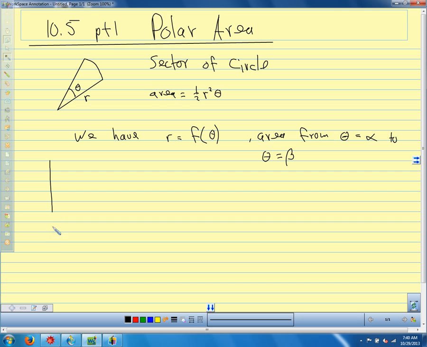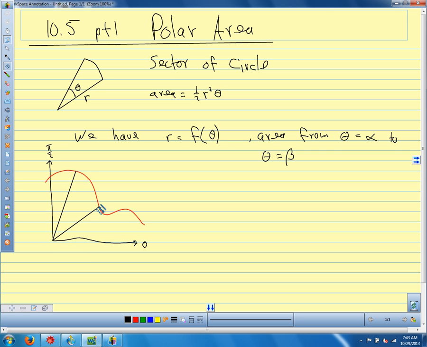So just a quick sketch of what we're talking about. Here's our polar region, and we're finding the area from, here's our two radii, here we're at theta equals alpha, and up here we're at theta equals beta. We're going to divide this into tiny little sectors.